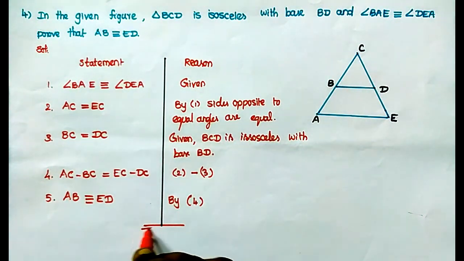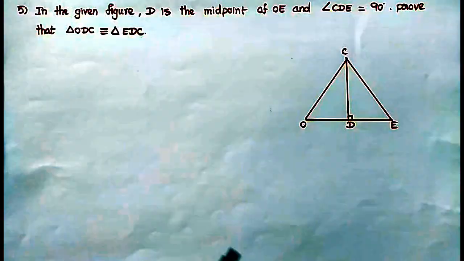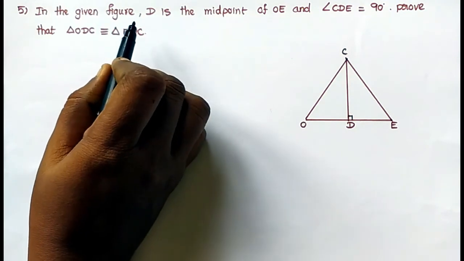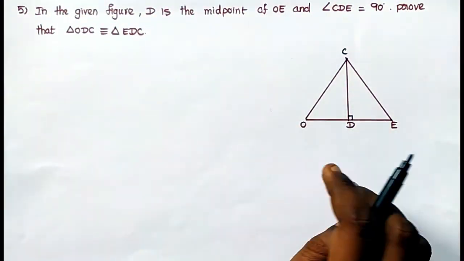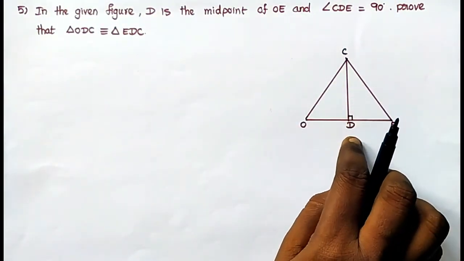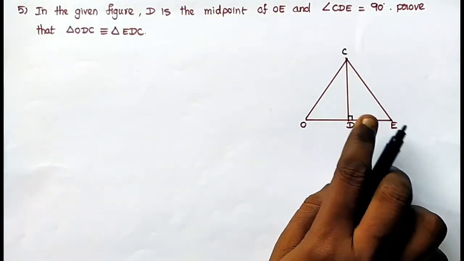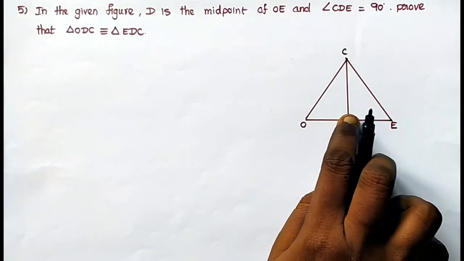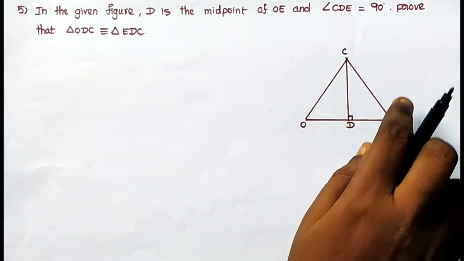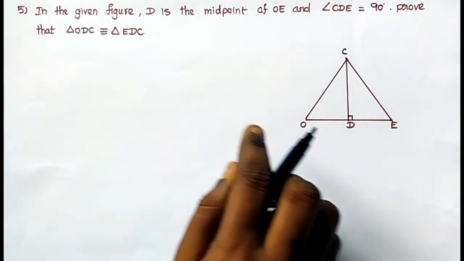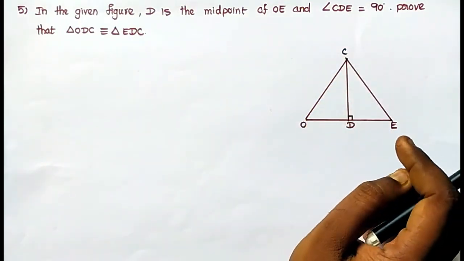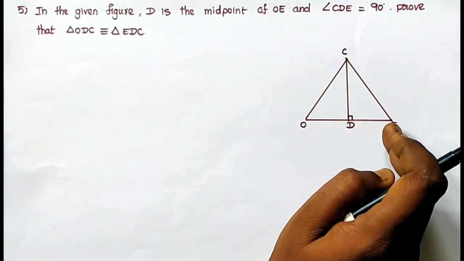That is the answer. Fifth sum, in the given figure, D is the midpoint of OE and angle CDE is 90 degree. We know that, and then prove that angle ODC is congruent to EDC.